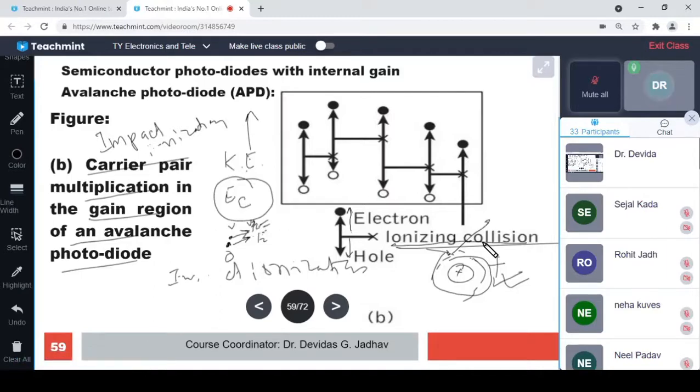The intrinsic region creates the charged particles, and when the charged particle electron crosses the junction, it undergoes impact ionization and creates a very large number of charged particles. This is nothing but the gain of the device. So impact ionization provides gain to the device. Avalanche photodiode, APD. So till this we have discussed.